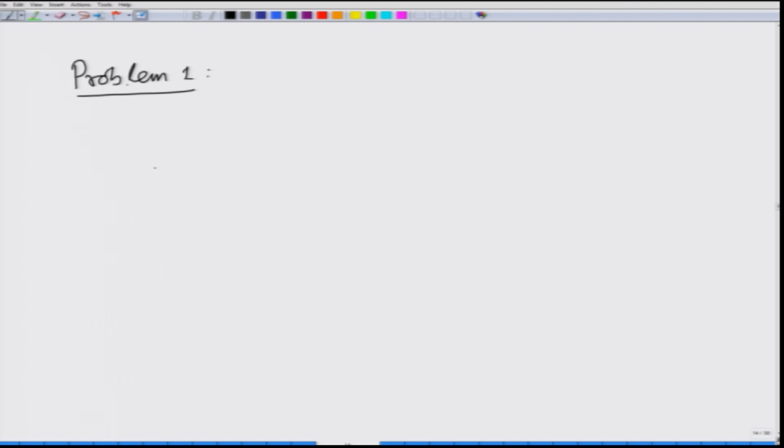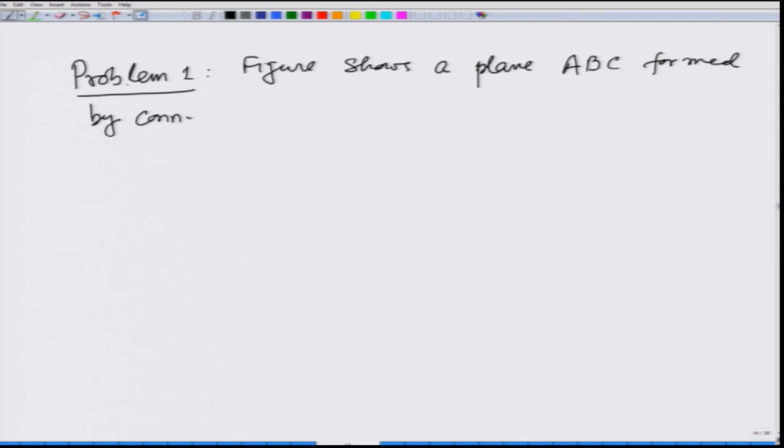This figure shows a plane ABC formed by connecting three corners of a cube of side a.